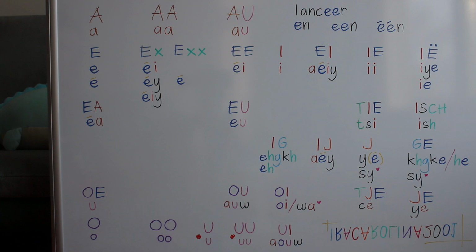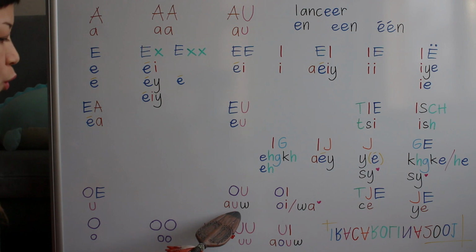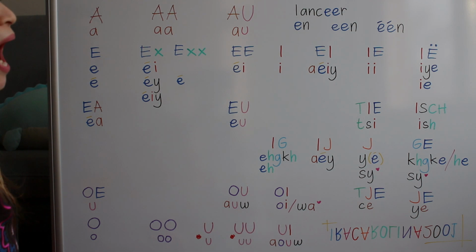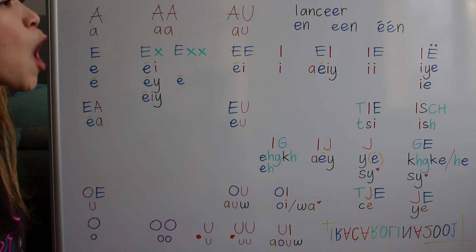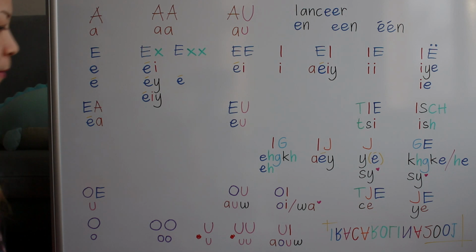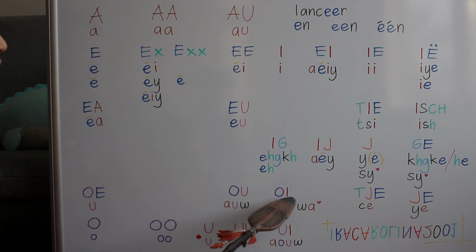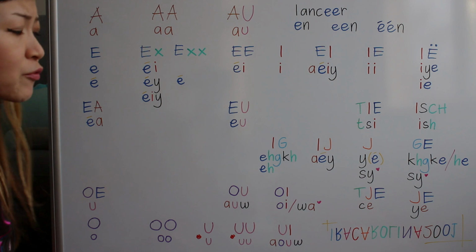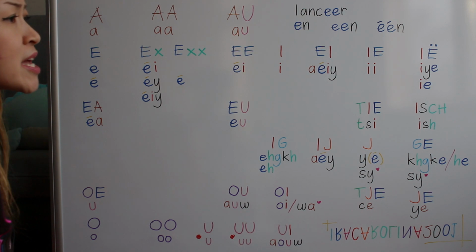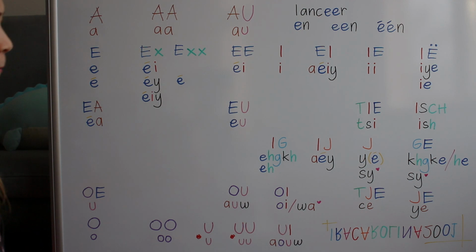This one, a, u, we. Ow, ow. This one, majority, we read it as oi, oi.